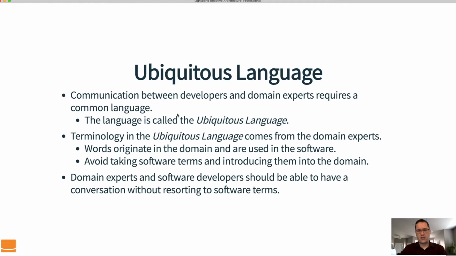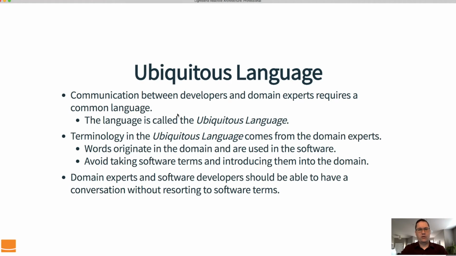So on the topic of communication, in order to do this, we need a language that both the domain experts and the software developers can understand and can communicate with. Now, this language is what we call the ubiquitous language in domain-driven design. It is a common language that enables communication between the domain experts and the developers.